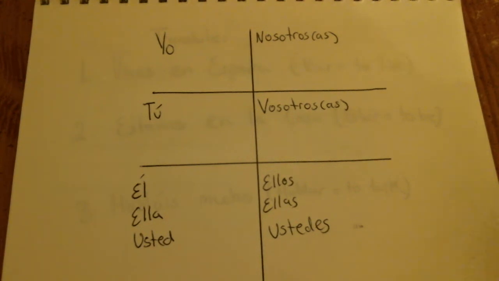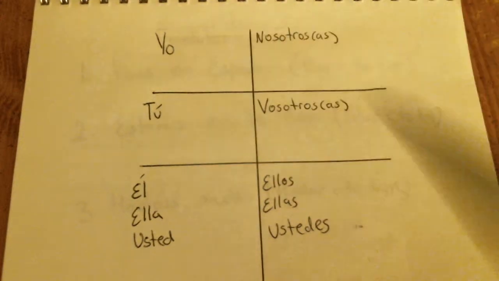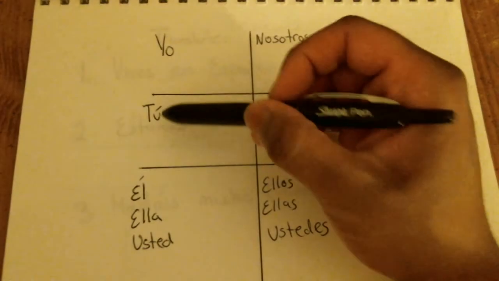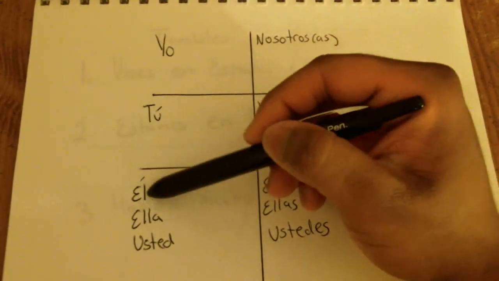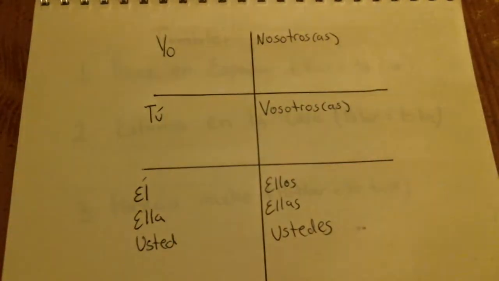So what I'm going to do now is give you a bit of an understanding of typically how you can tell whether or not a verb is in the yo form, how you can tell whether or not a verb is in the tú form, how you can tell whether or not a verb is in any of these other forms. Because in Spanish, you change the spelling of the verb when you conjugate it. You typically change the ending of the verb, and that will let you know who is doing the action.